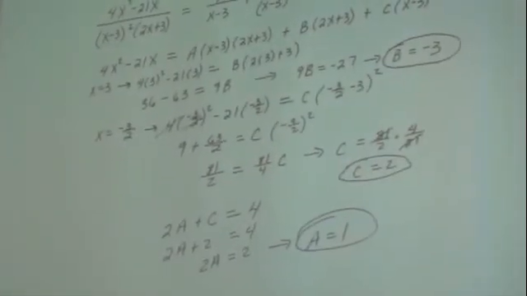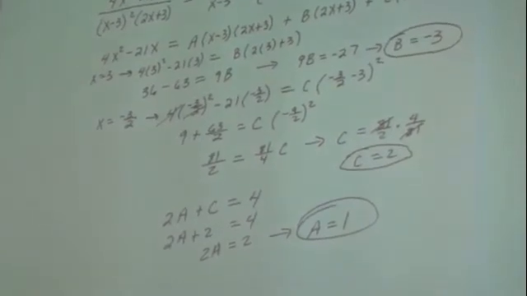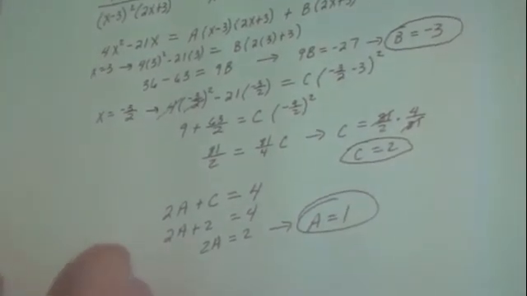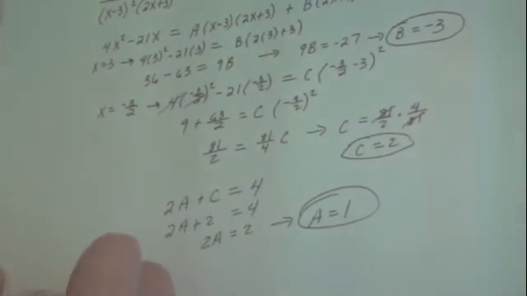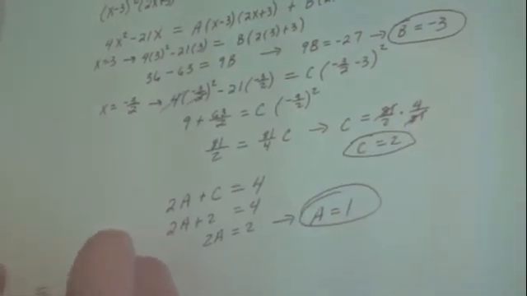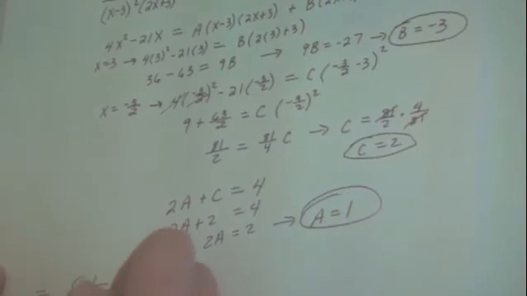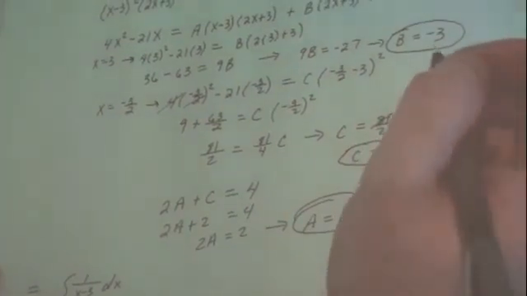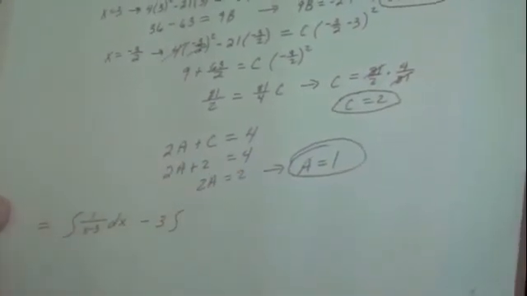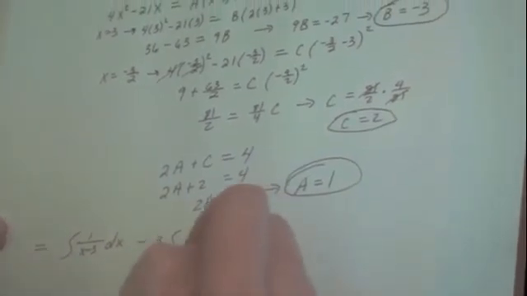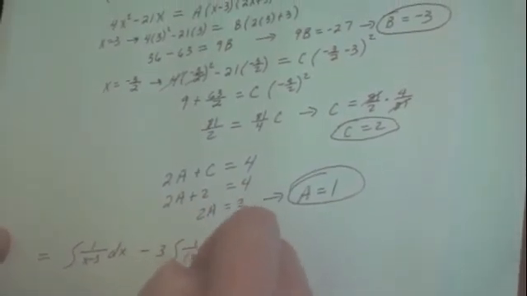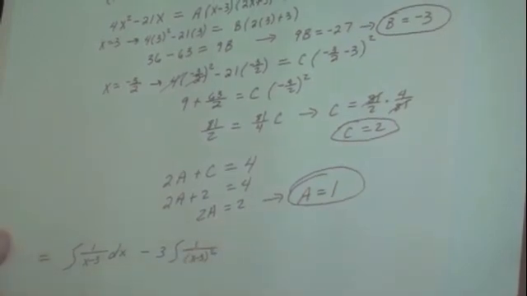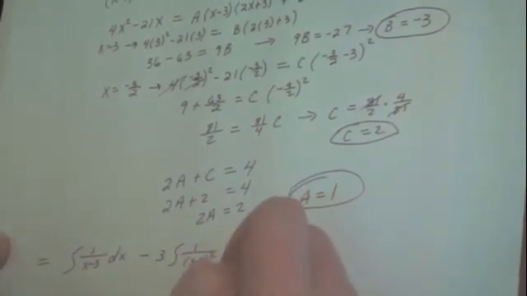Now, all I need to do is say, so the original problem is equal to A over x minus 3. So this original problem is 1 over x minus 3 with respect to x, plus B, which is a minus, so I'll say minus, I'm going to go ahead and pull that 3 out in front, times 1 over x minus 3 quantity squared dx.